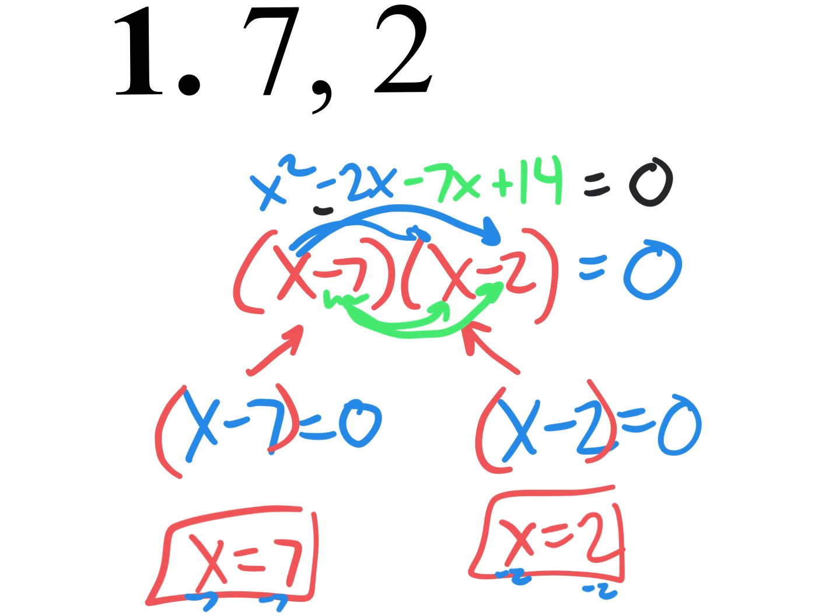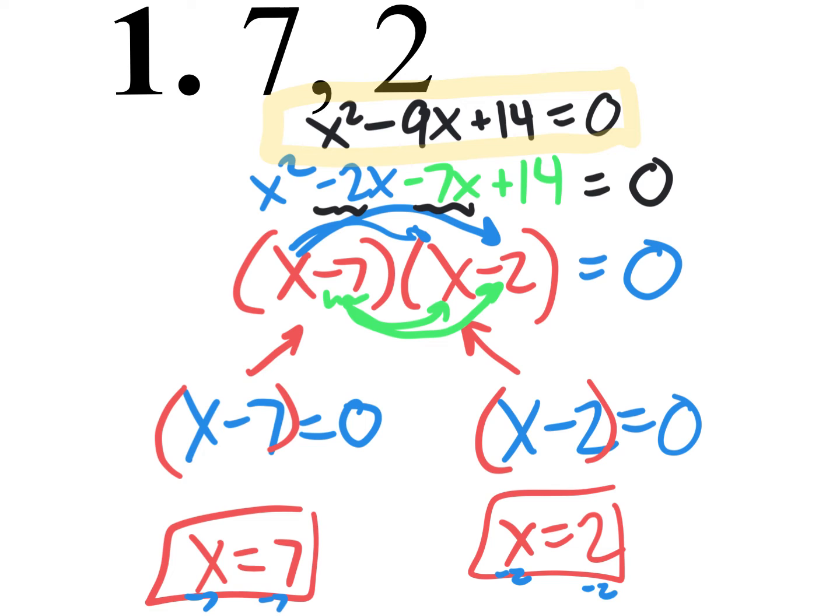And when we combine these middle terms, we'll get the negative 9x with the x squared in front, with the plus 14 as a c value equaling 0. And ladies and gentlemen, this right here is my quadratic equation in standard form that would produce the answers 7 and 2. So all I did was do the work backwards.